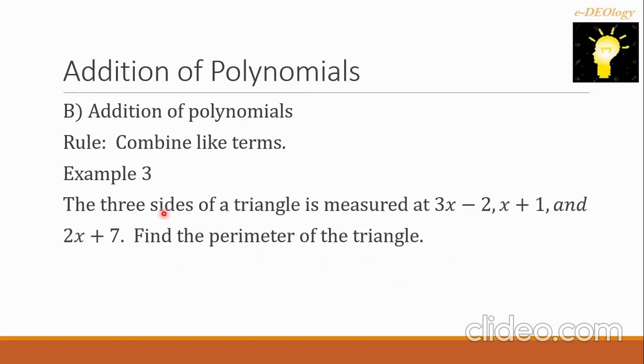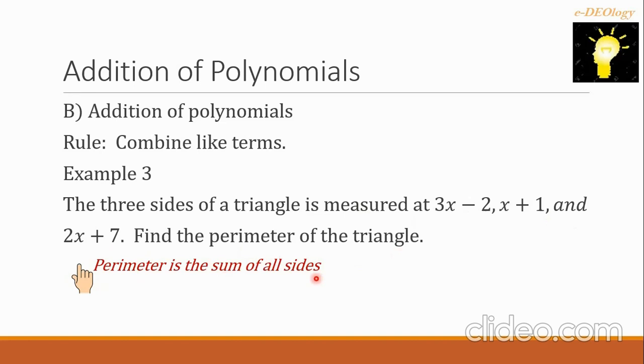Example 3. The three sides of a triangle are measured at 3x minus 2, x plus 1, and 2x plus 7. Find the perimeter of the triangle. First, we should know that perimeter is the sum of all sides.